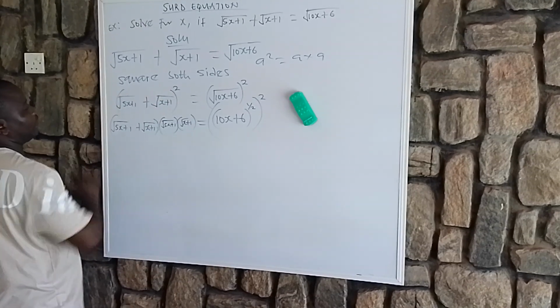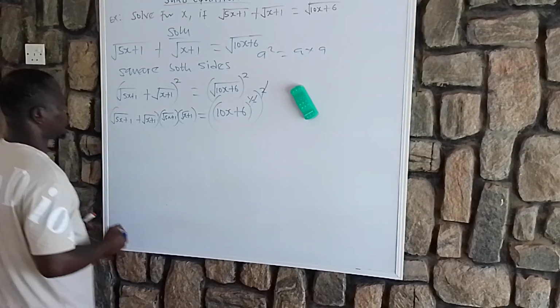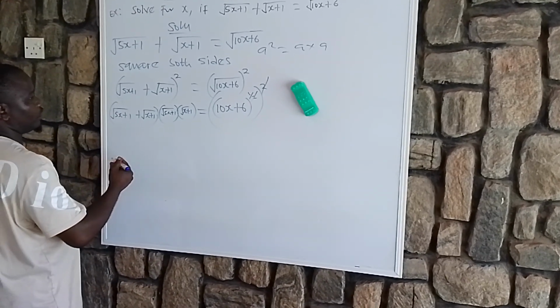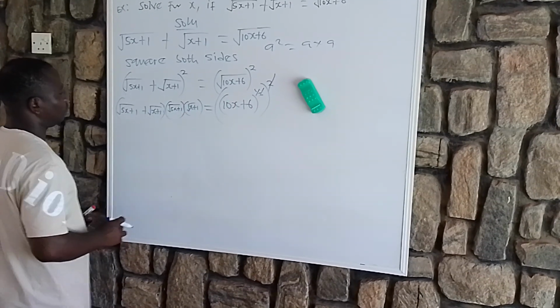This is the meaning of this. Is that clear? So now, without loss of generality, the right hand side will now be 10x plus 6.